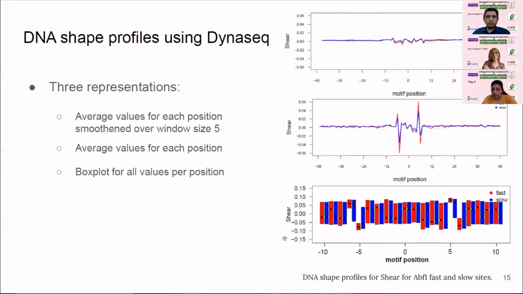In this box plot, around the motif positions -5 and +5, there seems to be a difference between fast and slow binding sites. And as the notches are not overlapping, there can be a difference between the fast and slow sites, which can be used to differentiate between the DNA shape profiles of these fast and slow sites.